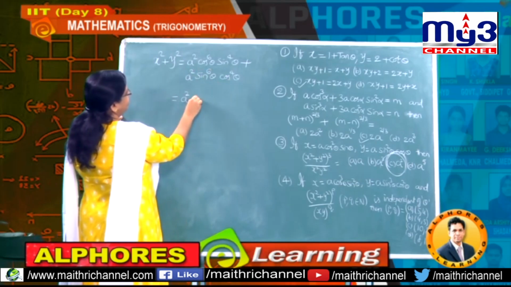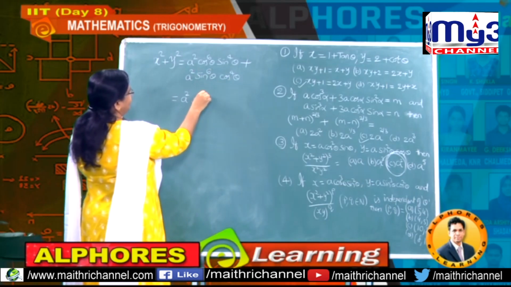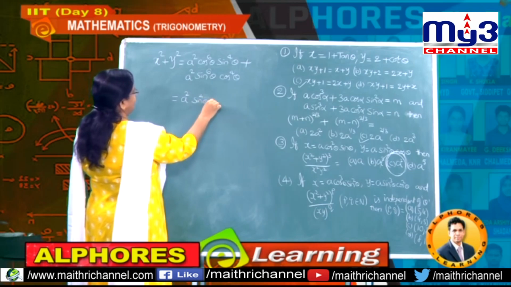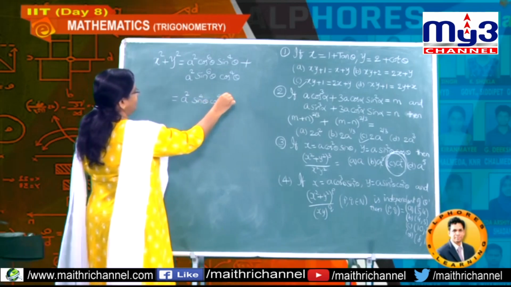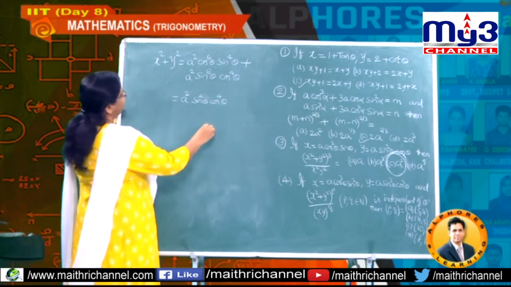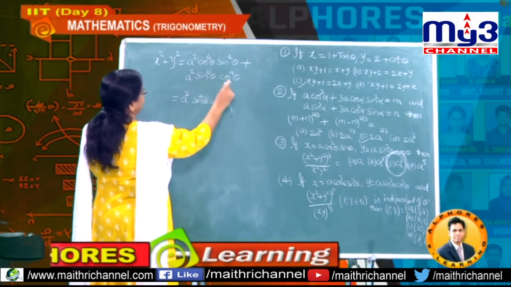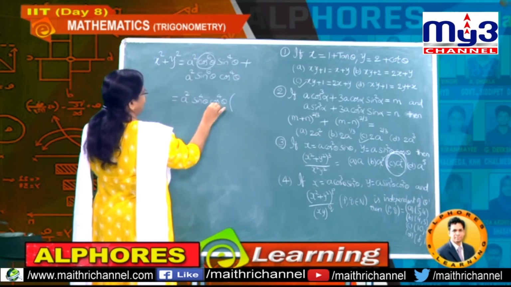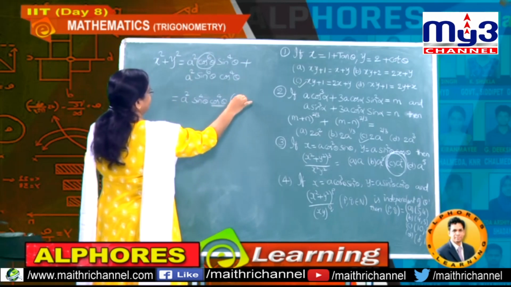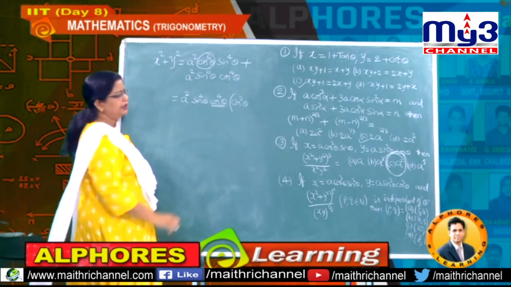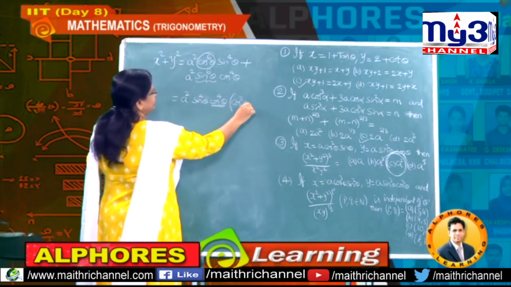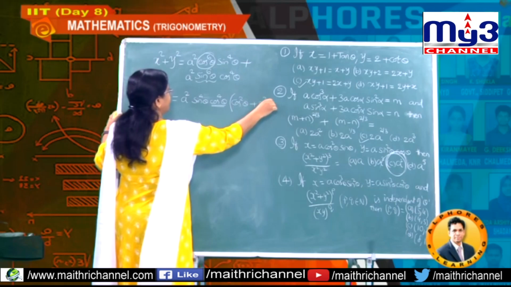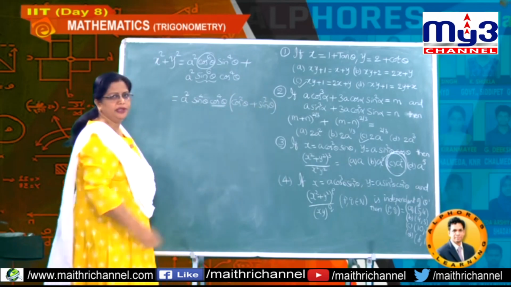A square sin to the power of 4 theta and cos to the power of 4 theta. You can take this value as common. Then what will be inside here? It is cos to the power of 4 only you got, but still here cos to the power of 6, so cos square is left over, and like that here the leftover is sin square. Now what is cos square plus sin square? We know it is 1.